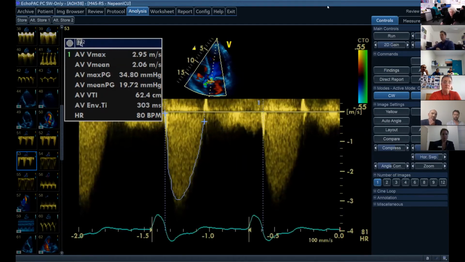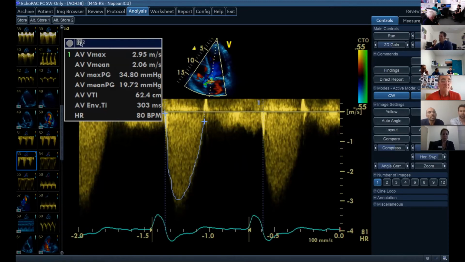Then I'd show you a picture like that. So the Vmax is consistent with a moderate aortic stenosis. The pressure gradient is also consistent with a moderate aortic stenosis. The max gradient should be over 40 to qualify as severe.